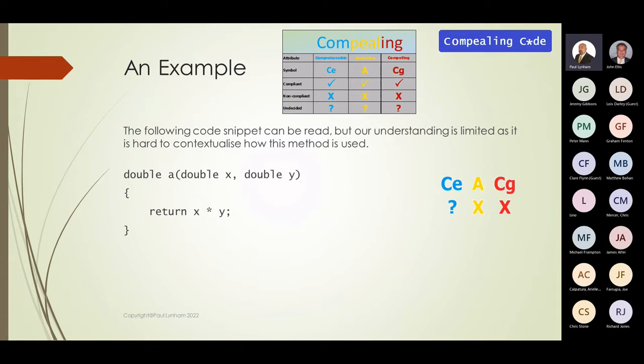For example, what do the identifiers A, X, and Y represent? In what context would you use it? So we only have a partial understanding. So what I've done there is I've marked comprehensible as a question mark, but it's certainly not appealing, and it's certainly not compelling.